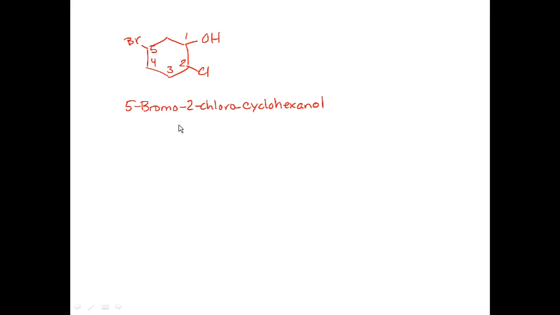If you had 2 OHs on a cyclopentane ring, then you would have to start at one or the other, and the rules would probably be that you would look to try and find the first substituent after you did the numbering scheme. But let's just take it and make it quite simple.